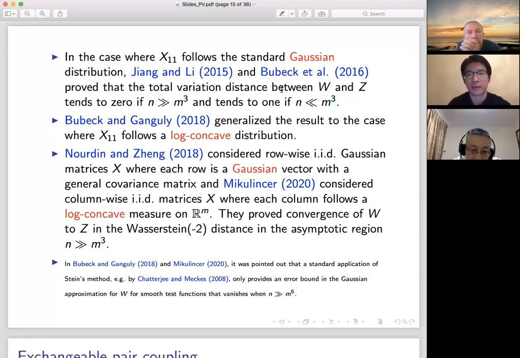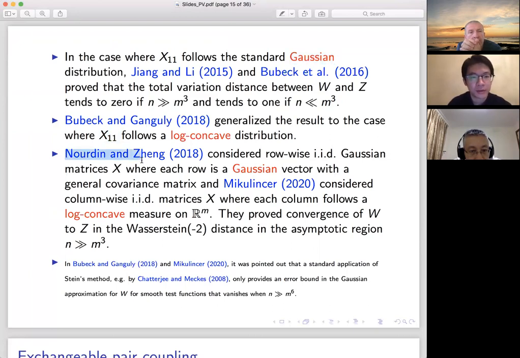I think there was a paper that tells what happens when n is a linear function of m cubed. That's still not normal. Then after that, Bubeck and Ganguly generalized the result to the case where x11 follows a log concave distribution, so it's more general than a Gaussian entry.